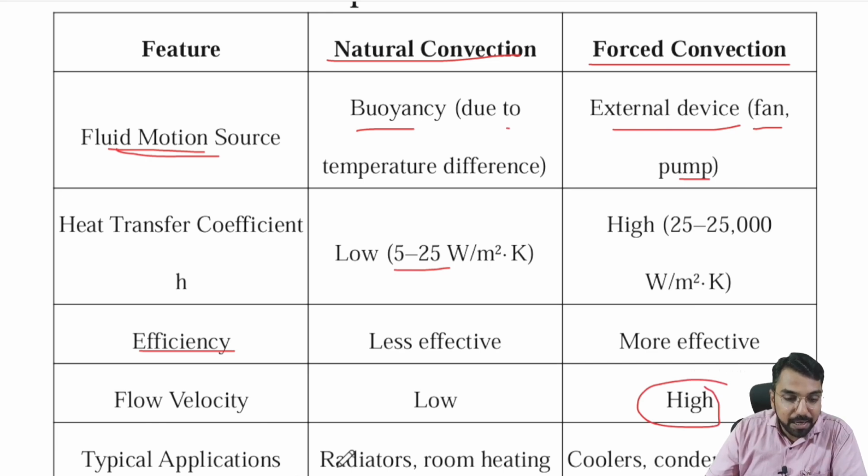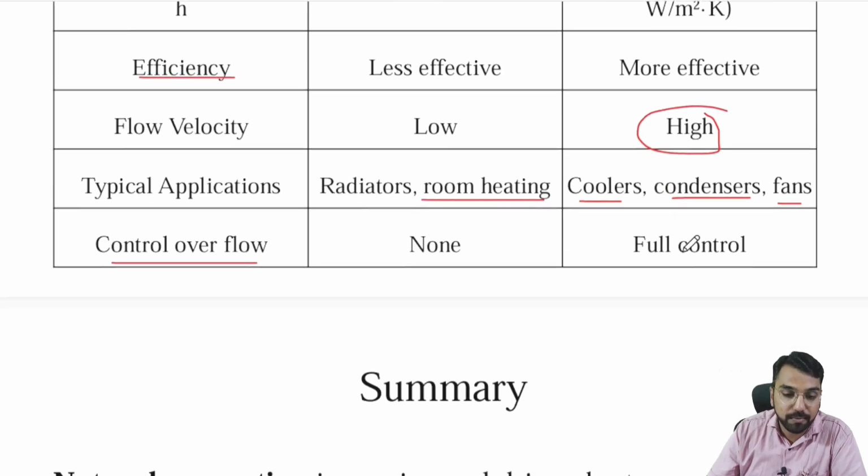Typical applications of natural convection are radiators or room heating. In forced convection the typical applications are coolers, condensers, and fans and blower systems used in power plants. In forced convection we can fully control the flow by varying the input to these external devices.